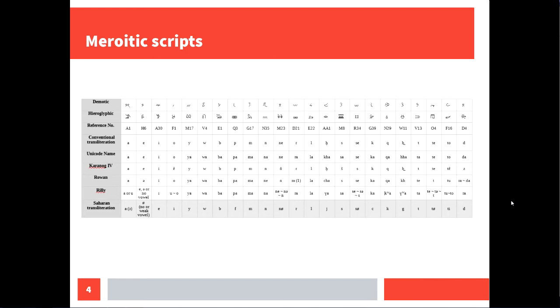So, just one example, a sign such as this here, Meroitic's second H, has the sound value of a voiced velar stop, the exact same sound value that it has in the Egyptian.